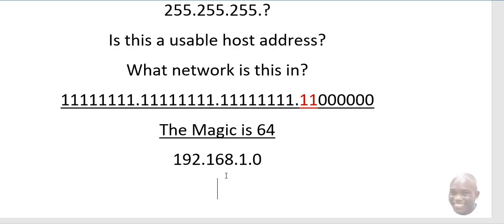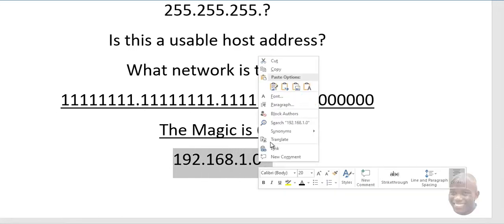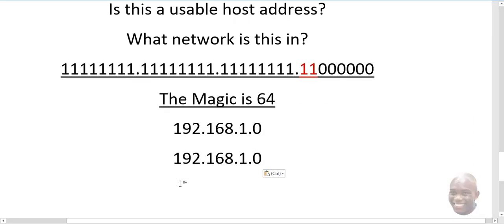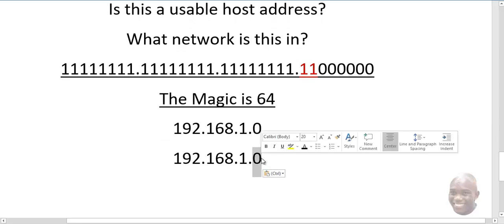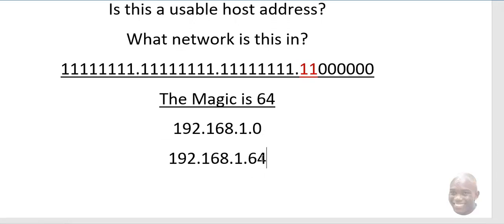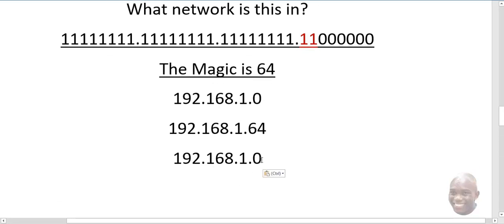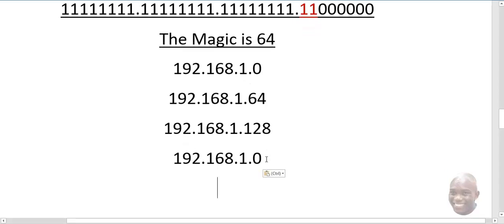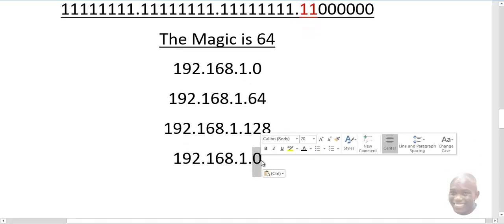And our next network, as you add 64 to it, would be 192.168.1.64. And if you add another 64 to that, you would get 128, and of course, if you add another 64 here, 192.